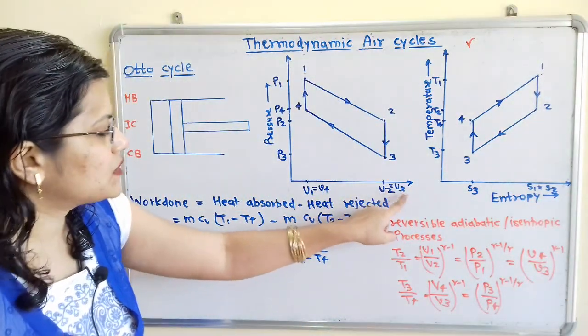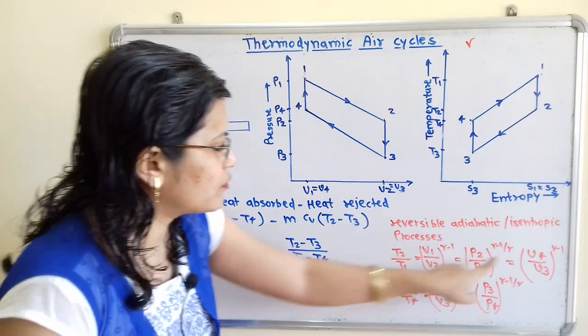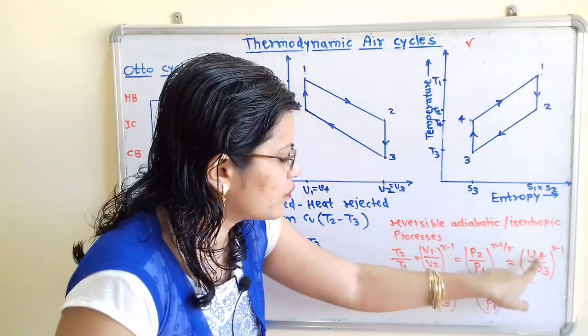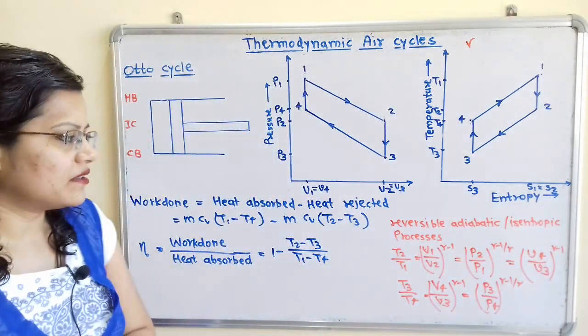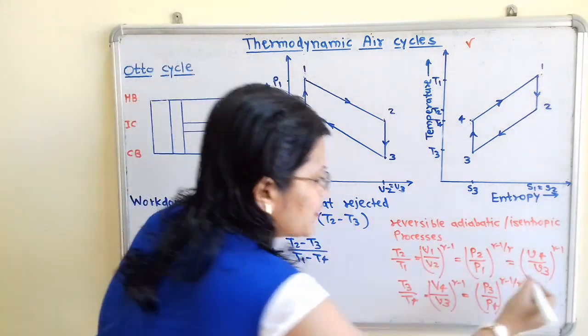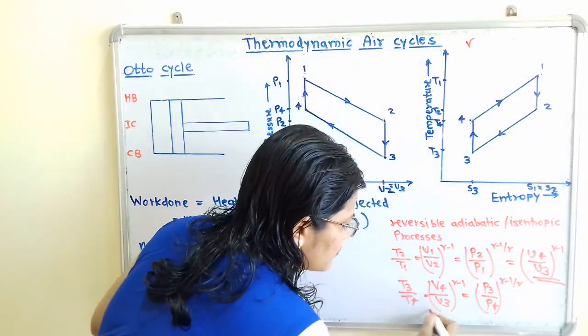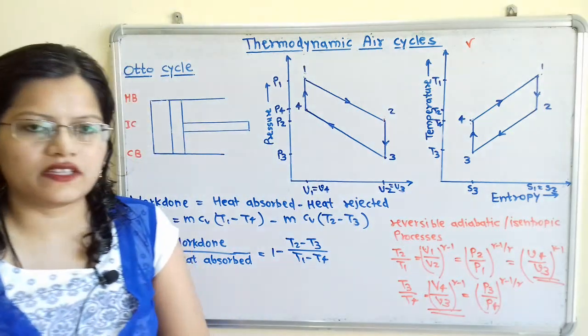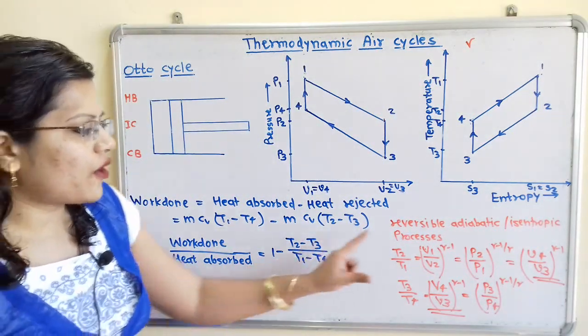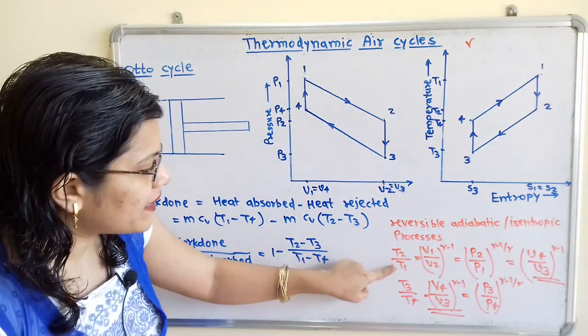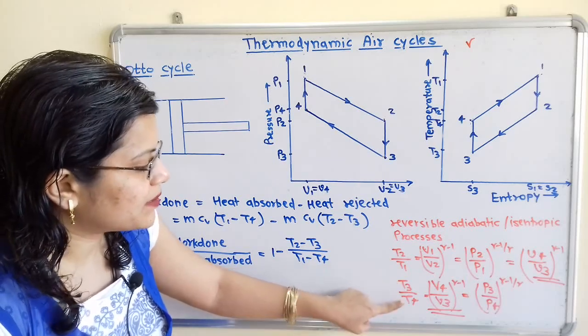Because V2 is equal to V3 and V1 is equal to V4, this is equal to (V4 by V3) raised to gamma minus 1. If we observe, here is (V4 by V3) raised to gamma minus 1, and here is also (V4 by V3) raised to gamma minus 1. So from this we can say that T2 by T1 is equal to T3 by T4.